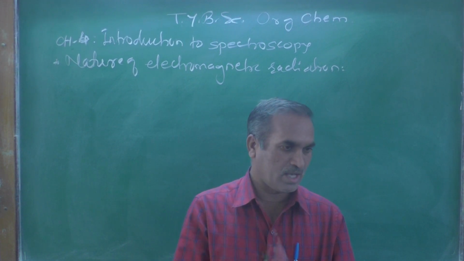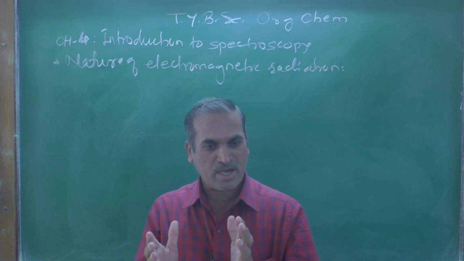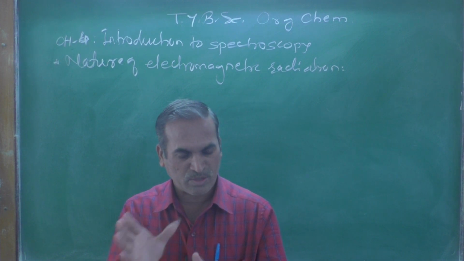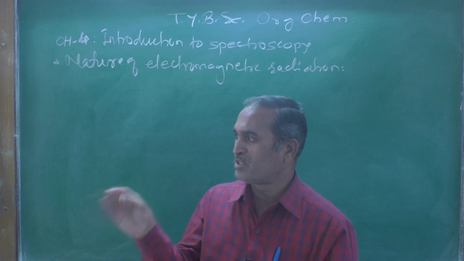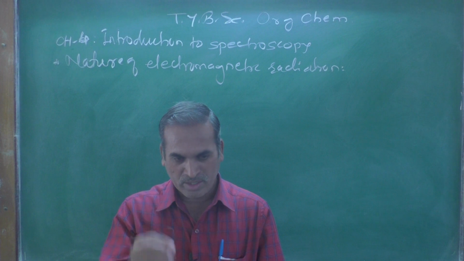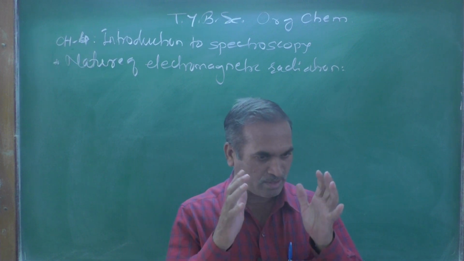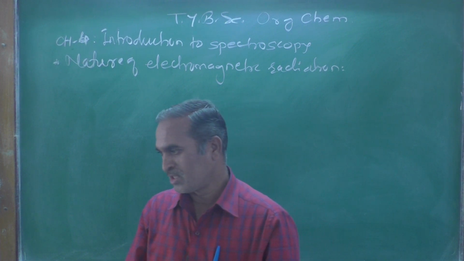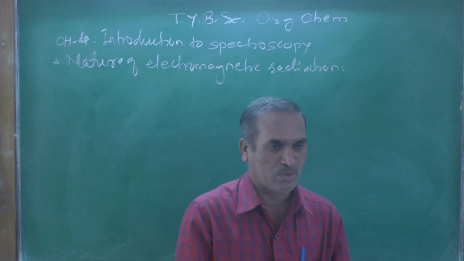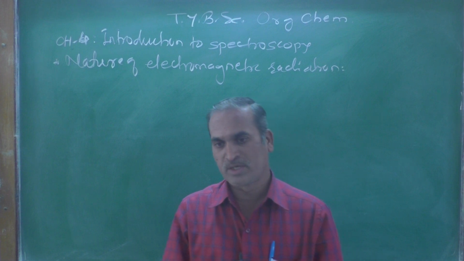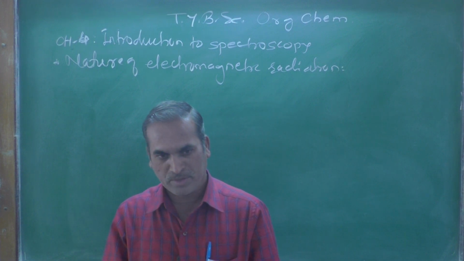Remember the application. Mainly, why are we studying spectroscopy? Because these spectroscopies are a physical method, a modern technique, and by using this technique we can easily find out the structure of an unknown organic compound.